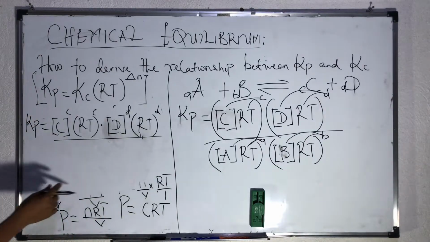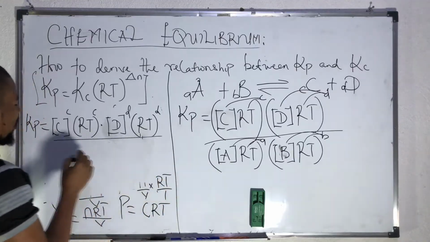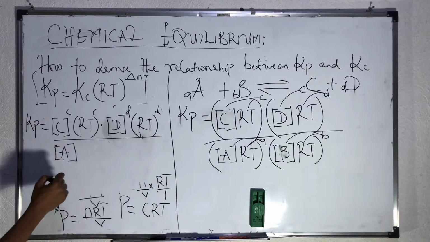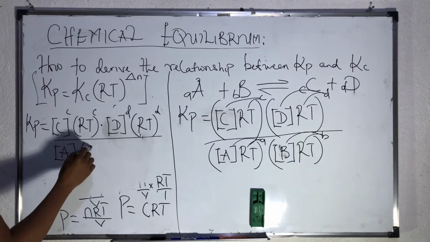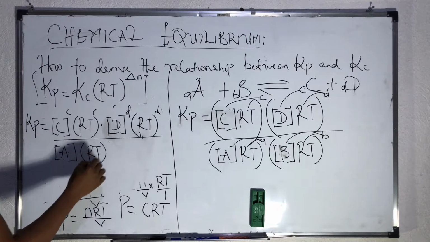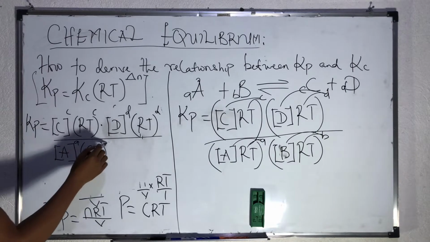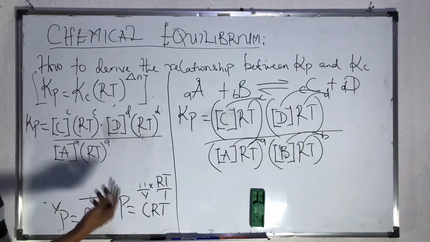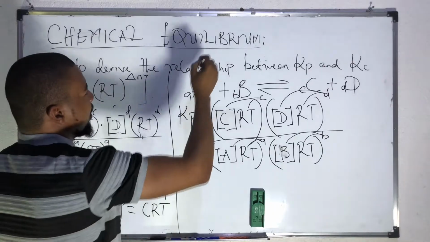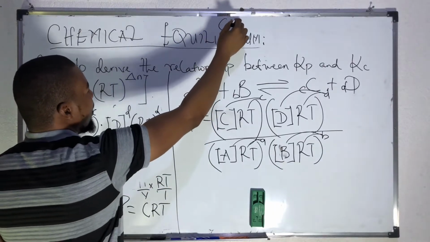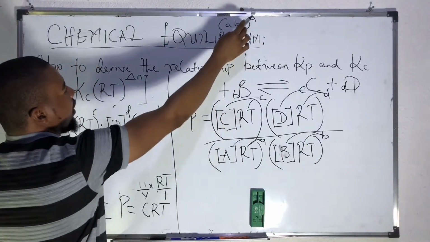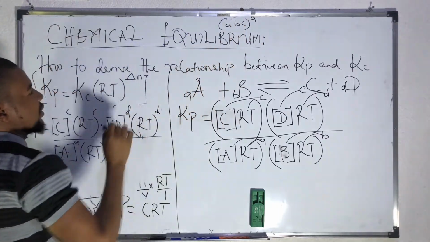Let's bring out the concentration. Here we have the concentration of A multiplied by the RT. We raise them both to the power of A. Remember that their powers affect them because they're multiplying. If you have something like A, B, C raised to the power A, this A will be distributed across everything inside.